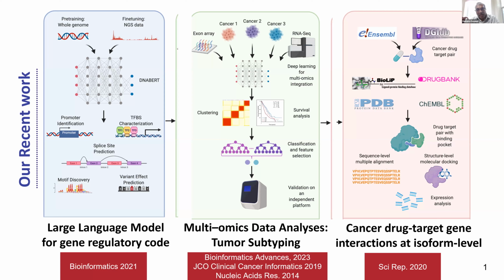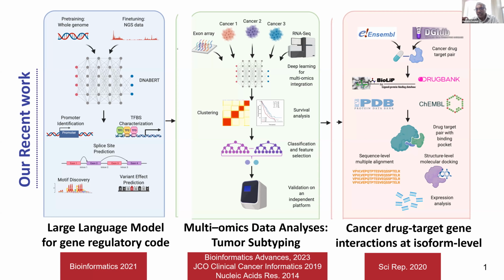Then a long-standing interest in our group is analysis of the cancer genomes, mainly for tumor subtyping. We have developed methods to subtype the cancer samples or tumor samples using the transcriptome primarily at the splice variant or isoform level. Recently, we have DeepMOIS-MC, another deep learning based method that can perform integrative analysis of multiple omics data to derive robust subtypes that are associated with some outcome, for example, survival.